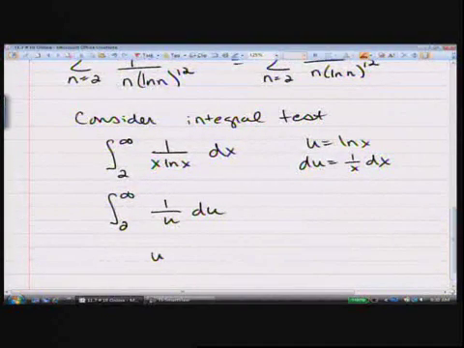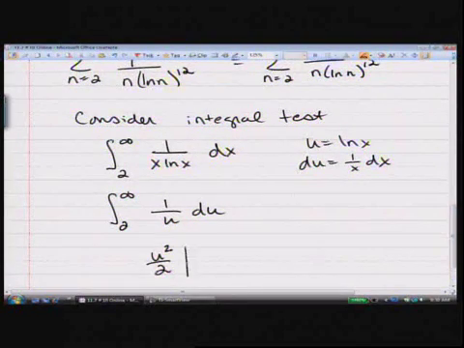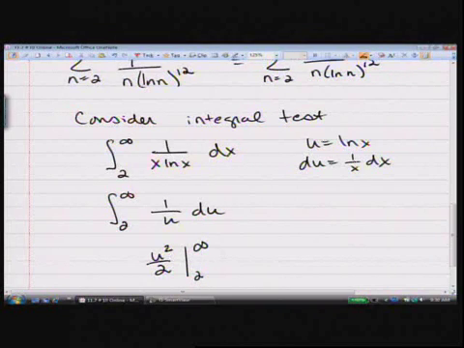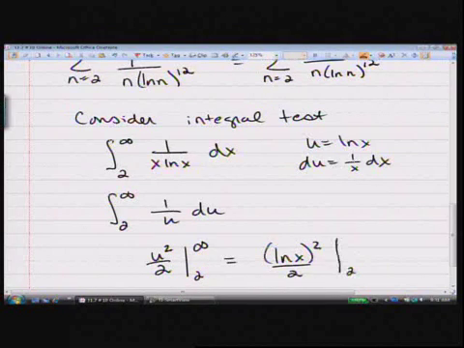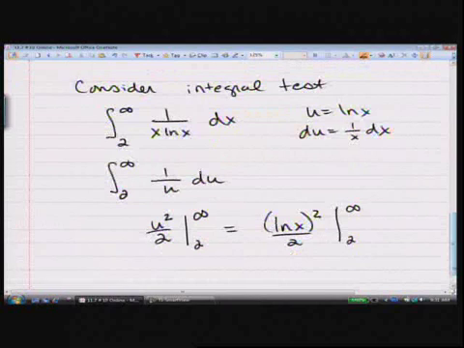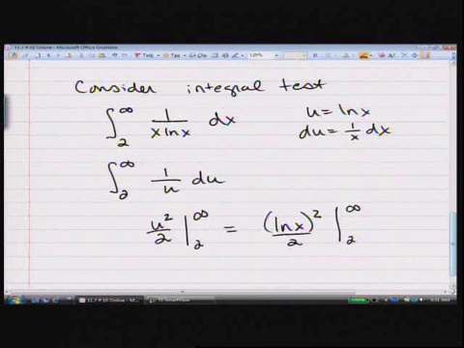And then this is going to be u squared over 2 from 2 to infinity, which is going to be the ln of x squared over 2 from 2 to infinity. And that's going to go to infinity, right?